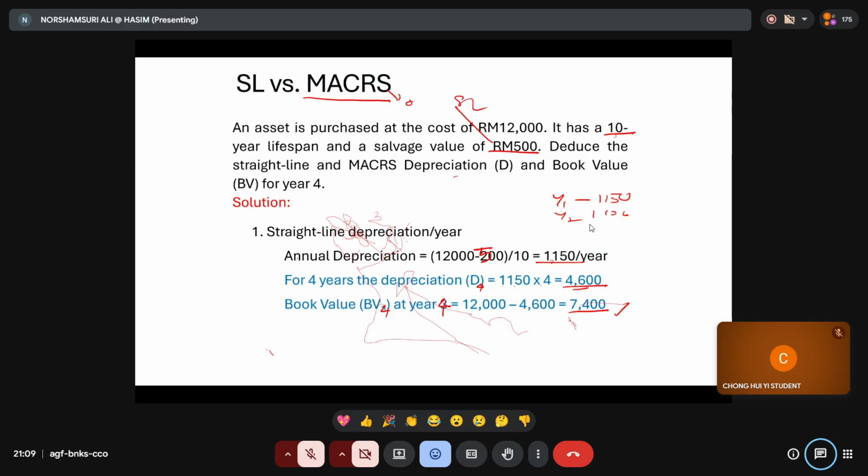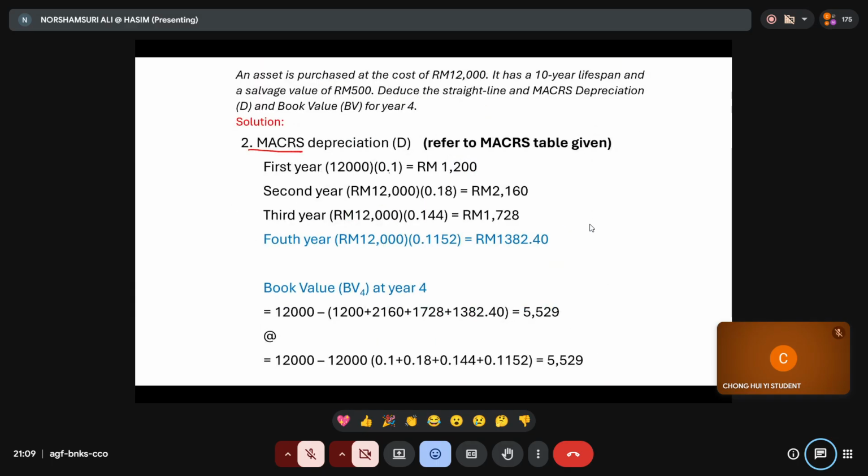So year 1 is 0.1, and 12,000 times 0.1 becomes 1,200. 12,000 times 0.18 is equal to 2,160. And then 12,000 times 0.144 is 1,728. So this is the depreciation for year 4, D4, this one D3, this one D2, and this one D1.